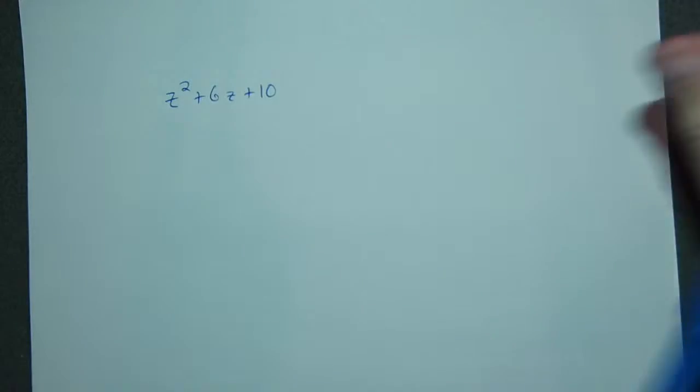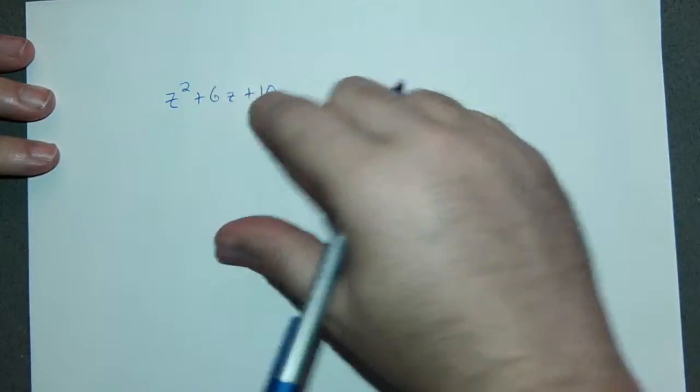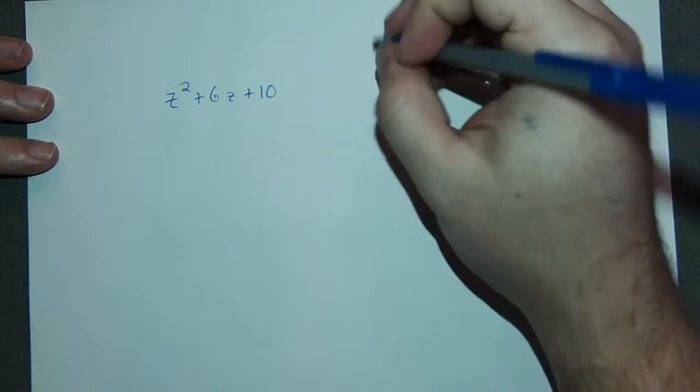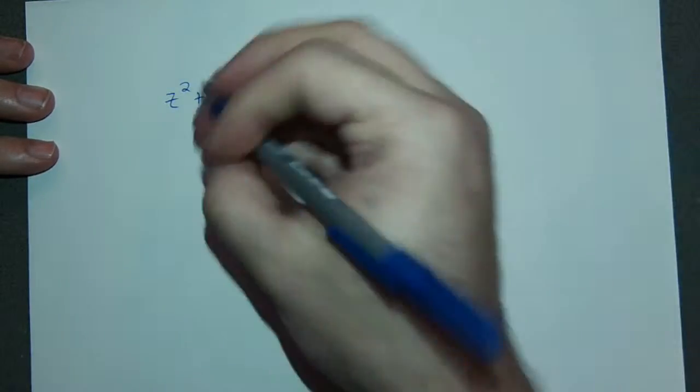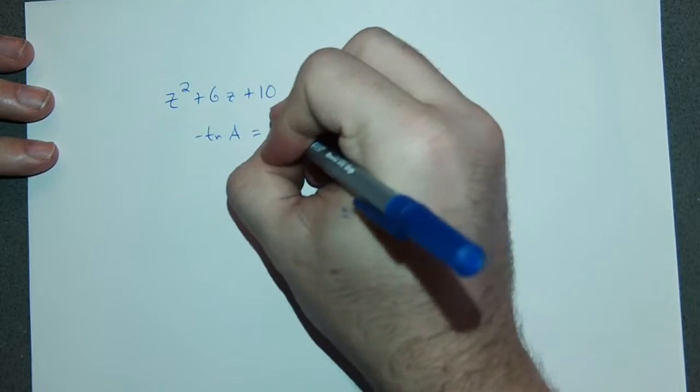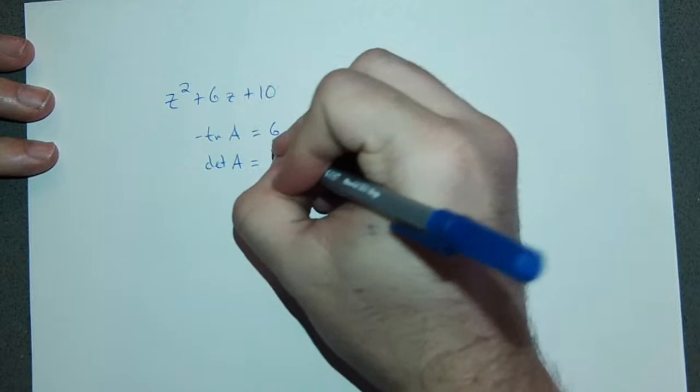If I want this to be the case, working backwards, if I'm trying to come up with a 2 by 2 example, then I would want minus trace A to be 6, and I would want determinant of A to be 10.